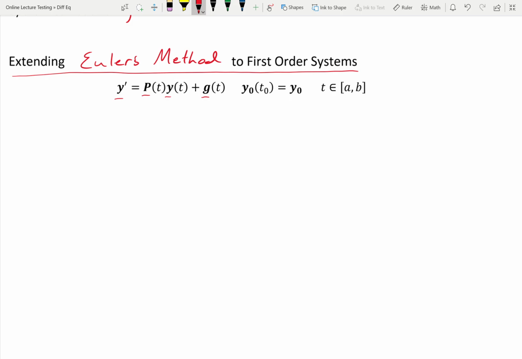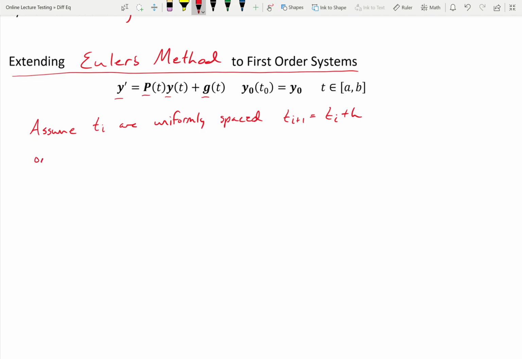Here we're going to assume the t sub i are uniformly spaced. So t sub i plus 1 is equal to t sub i plus h, just like before.